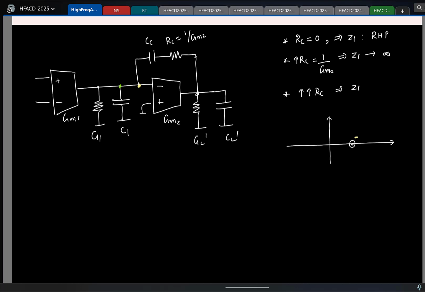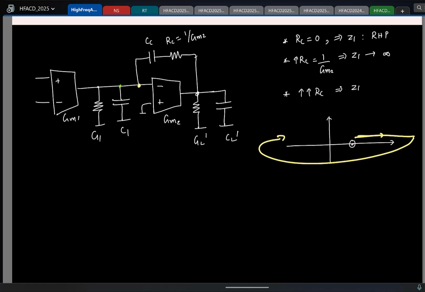This fellow started to shift this way and went to infinity. Now if I increase it further, logically what do you think might happen? It's at infinity already, so if you increase it further, what do you think might happen? We are going this way, so what might happen later? It turns out it actually comes to LHP.